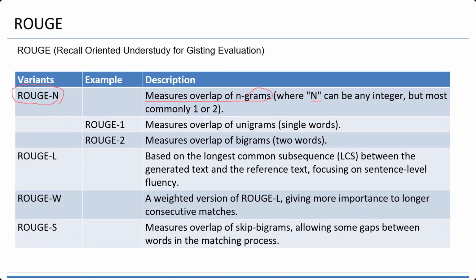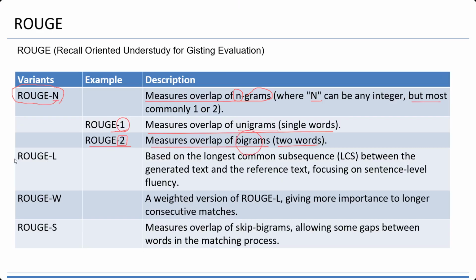N can be any integer number, but mostly people just use ROUGE-1, which measures the overlap of unigram, single words, or they use ROUGE-2, which measures overlaps of bigram, which is two words. If ROUGE-1, or n equals 1, then it is unigram. If ROUGE-2, when n equals 2, then it is bigram.